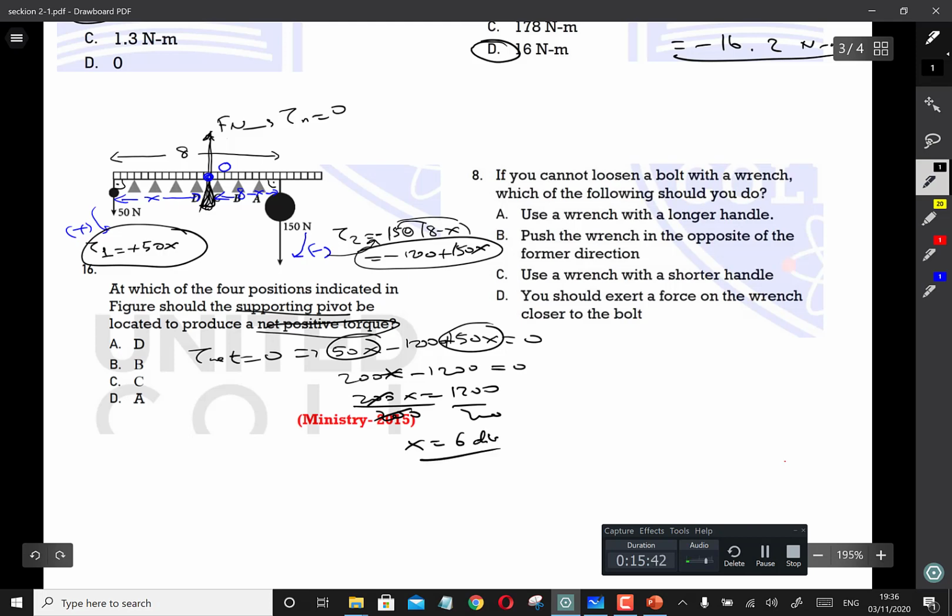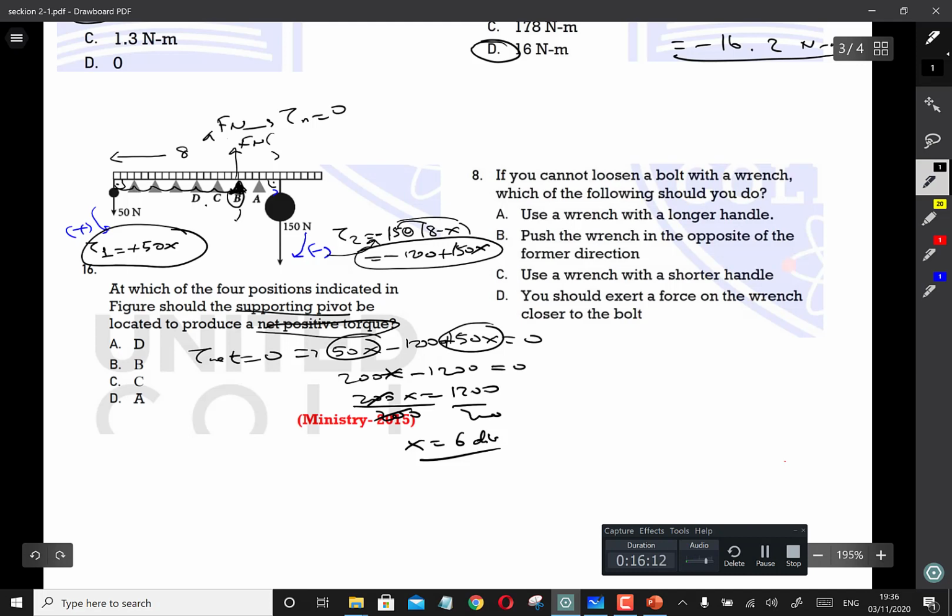So 6 divisions, let's count them. Which point is it? I'm going to clean this and then check the 6th division. Where should we put the fulcrum, or the supporting pivot? 1 division, 2, 3, 4, 5, and 6. 6 divisions is B. If you locate the supporting pivot at B, there is no rotation.